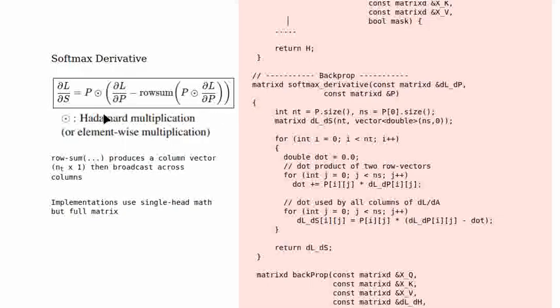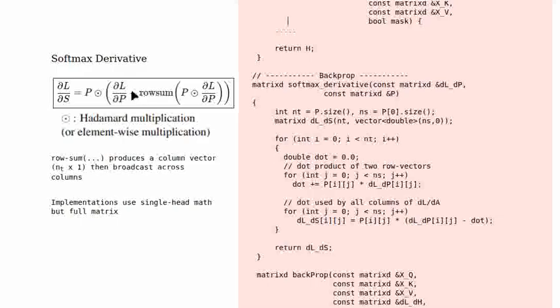The circle dot here is the Hadamard multiplication. That means element-wise multiplication. And the row sum here produces a column vector with dimension n_t times 1. And then broadcast across the columns.